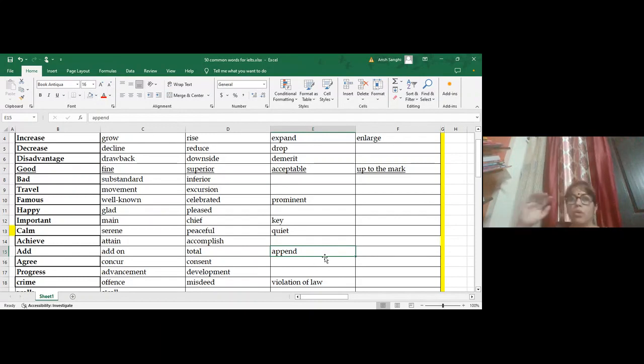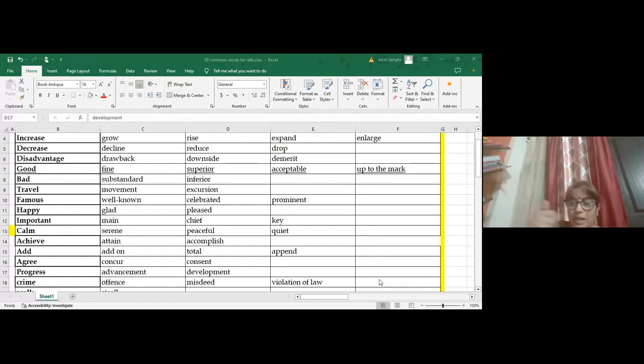Appending something is also adding something to something else. For example, you can say that I am appending this message with another message, right? Agree. Agree means giving agreement.